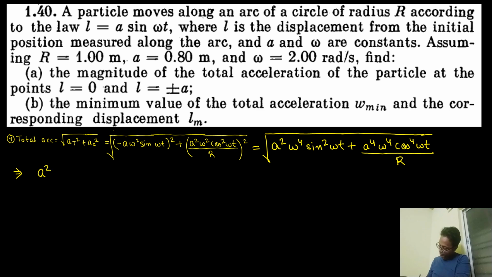Or if I take a square and omega to the power 4 common out here, I'm left with how much?